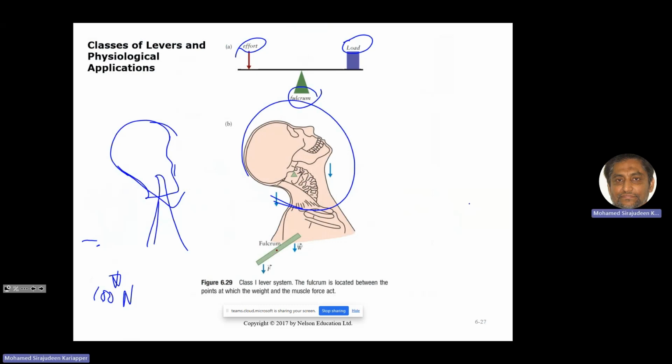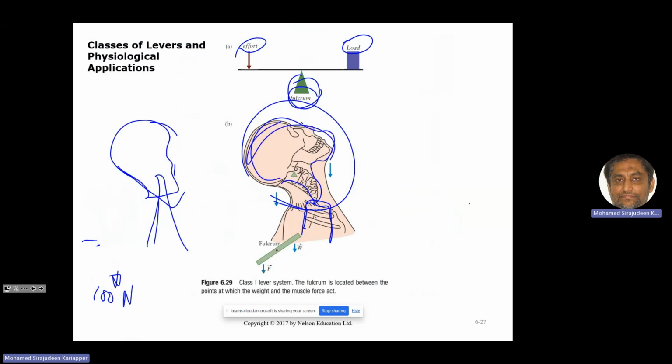The vertebrae, or spine, right? The skull is actually supported on it, as you know as medical students. So this whole vertebrae, or the spine, and the skull is supported on this. So that is the support. The fulcrum is this.